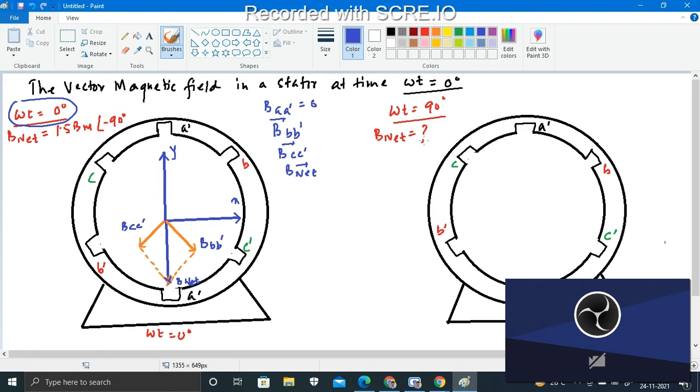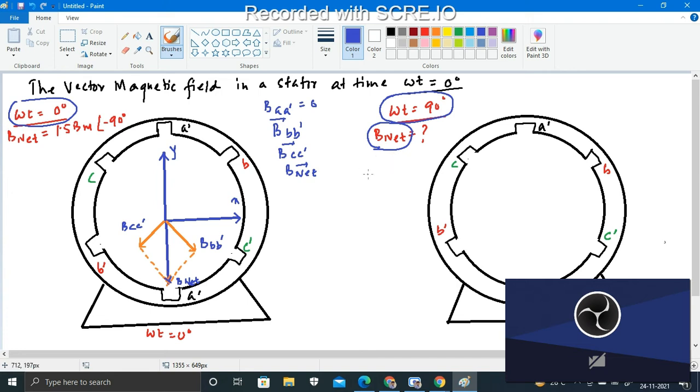Okay, so what will be the vector representation for omega t equals 90 degrees, and what will be the value of b net? I will draw the vector magnetic field in a stator at time omega t equals 90 degrees. See the difference between these two and tell me what the difference is.